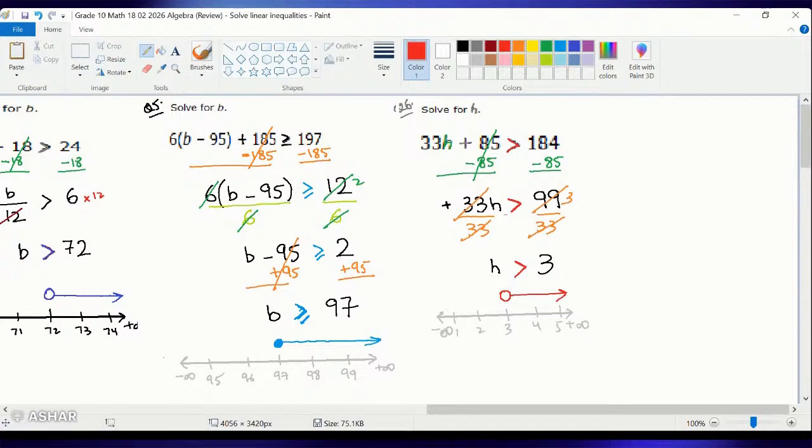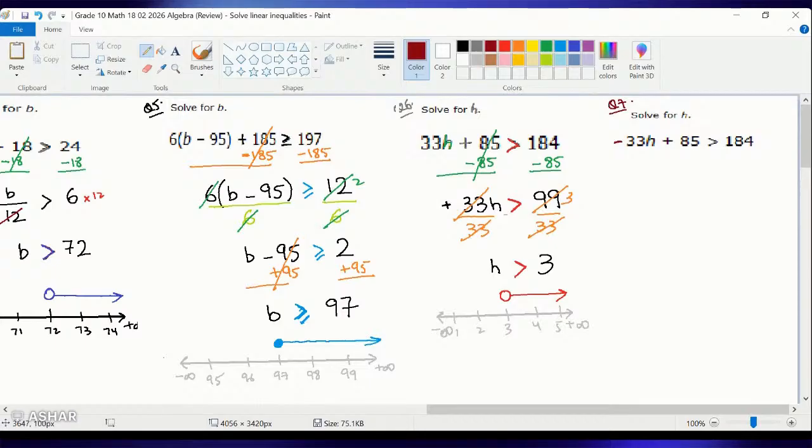But let's consider the same question with a negative sign. Let's suppose that in question number 7, this had a negative sign.